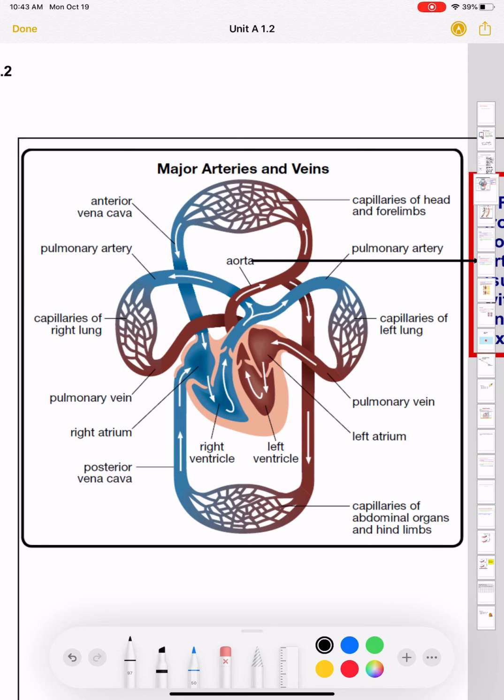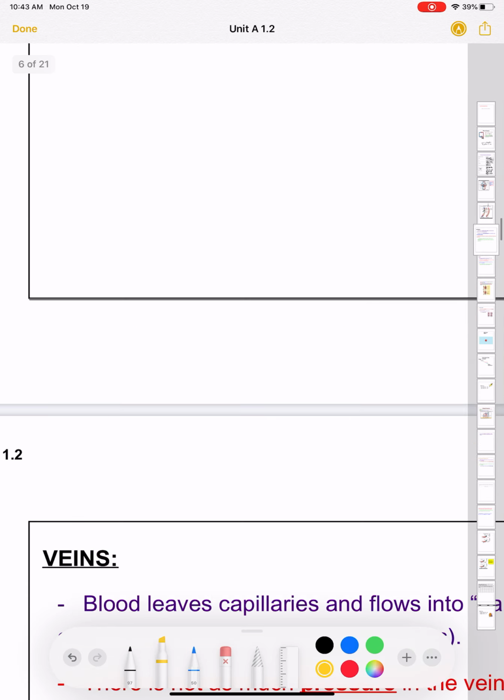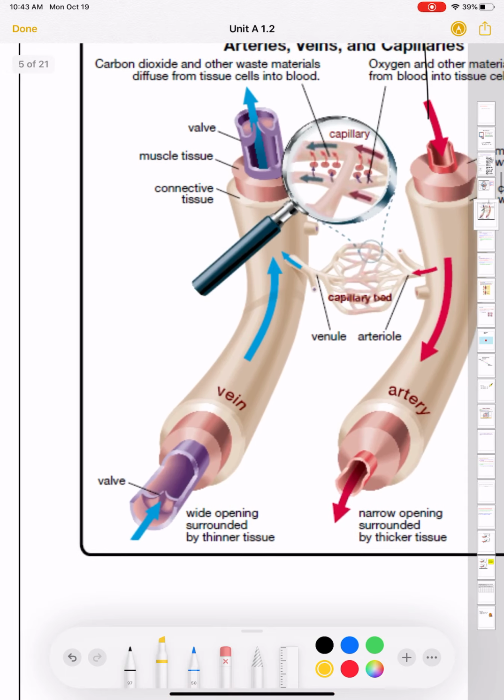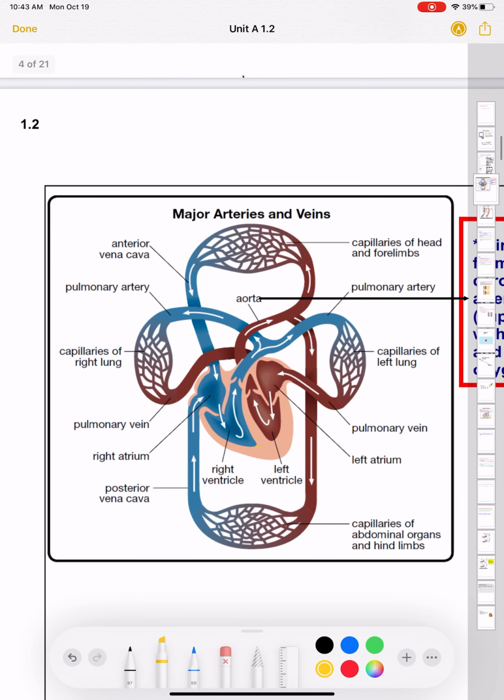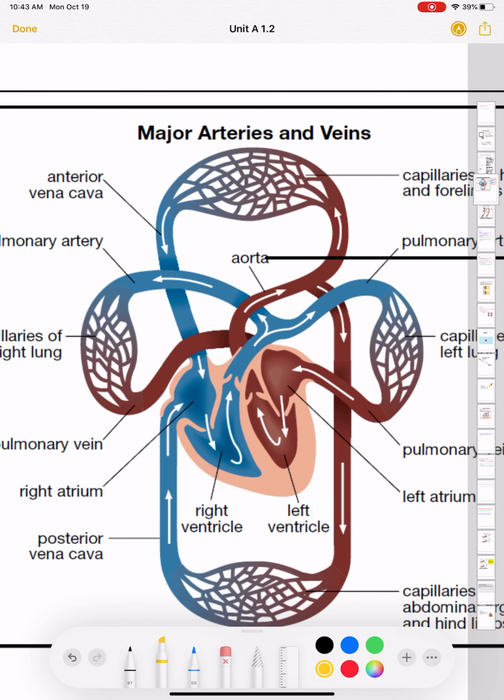If I want to go really quickly, follow the blood through the heart. Blood comes back to the heart through the superior and inferior vena cava, which goes into here, your right atrium.